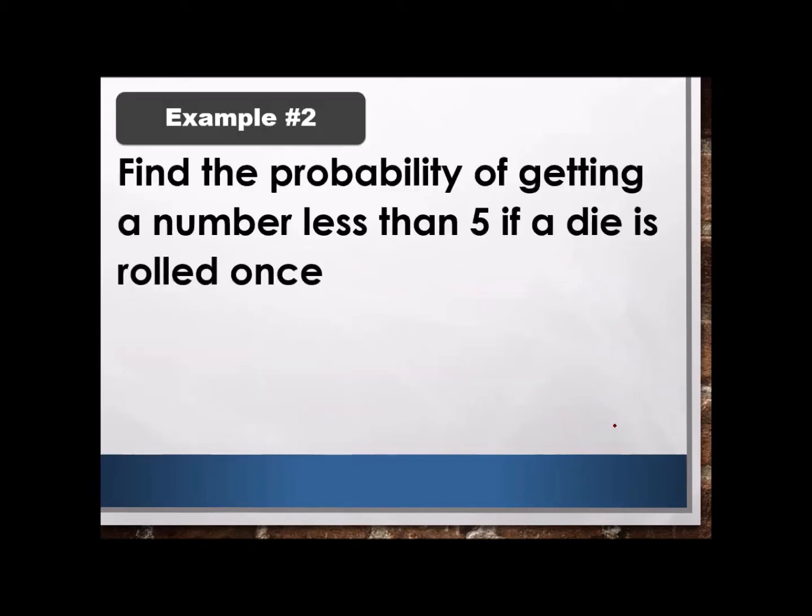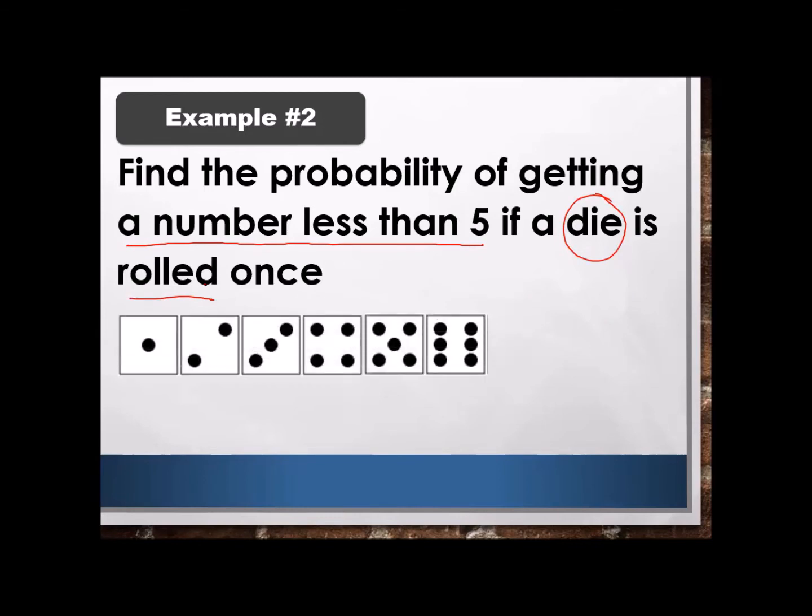Okay? Next one. Find the probability of getting a number less than 5 if a die is rolled once. So, very particular tayo here is a number less than 5. Mas mababa kesa kay 5. At ang experiment na nangyari, the die is rolled. So, ibig sabihin, sa sample space na 6, how many are less than 5?